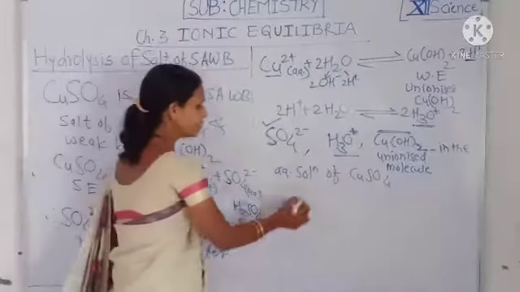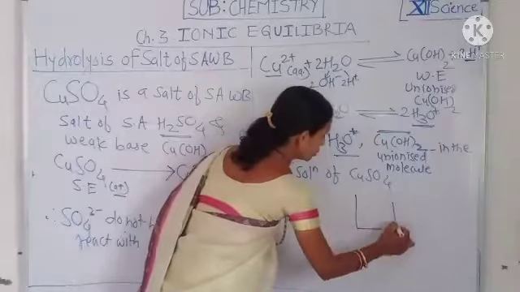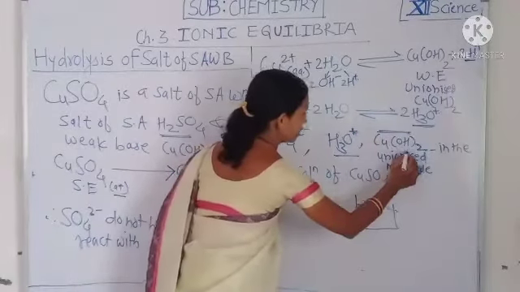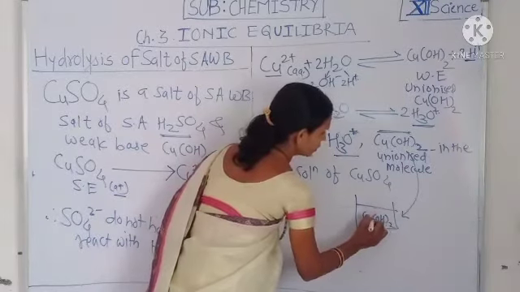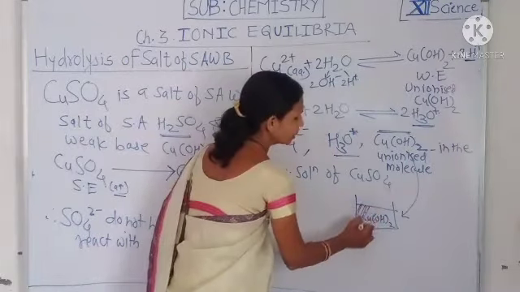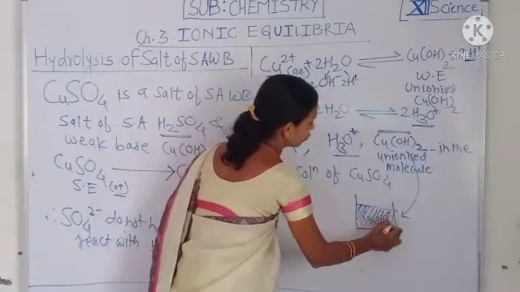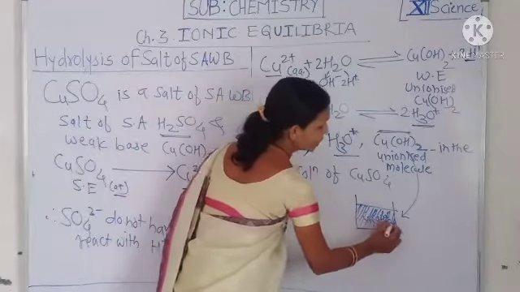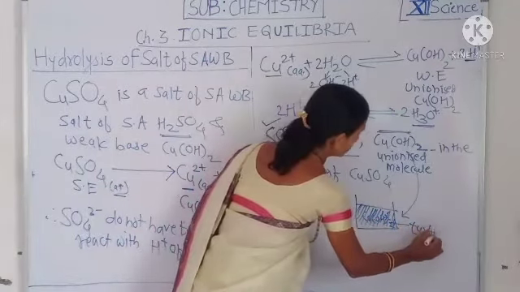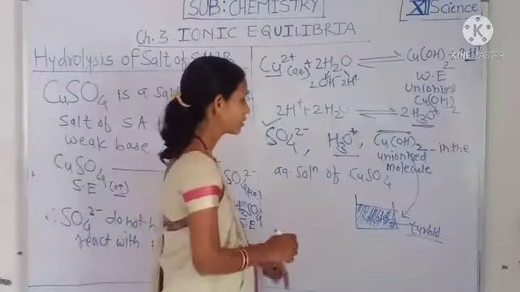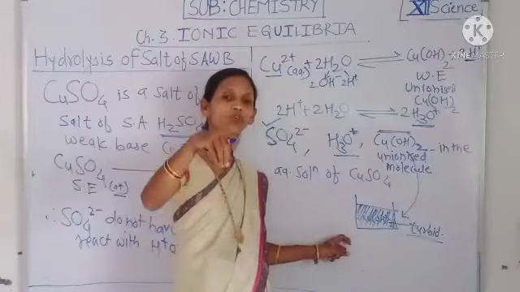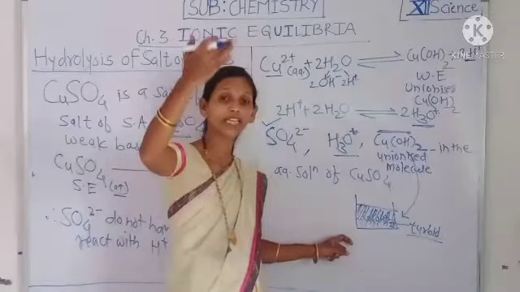Then, as that solution contains Cu(OH)2 in it, therefore the solution of CuSO4 becomes turbid. Turbid means non-transparent. Transparent: when NaCl common salt is dissolved in water, the solution becomes transparent.